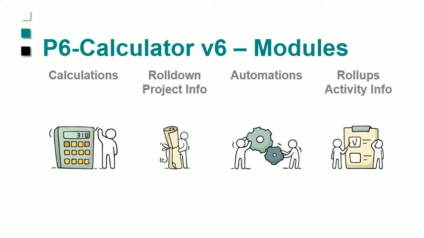And I'm going to show you the exchange rate. It uses roll down concepts and roll up concepts, so I'll touch on those. Basically you define the calculation, you define what you need done, and then we automate it, and then it will keep working. Now, the calculations can come in different flavors.